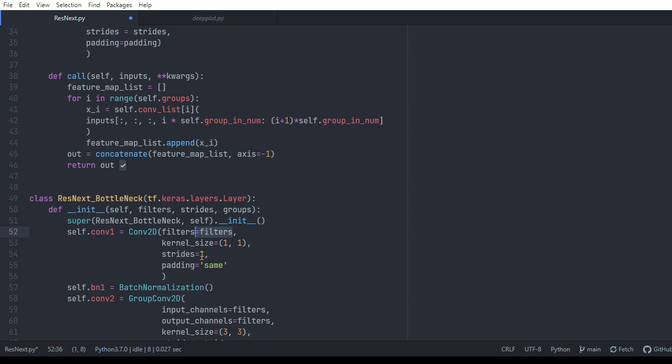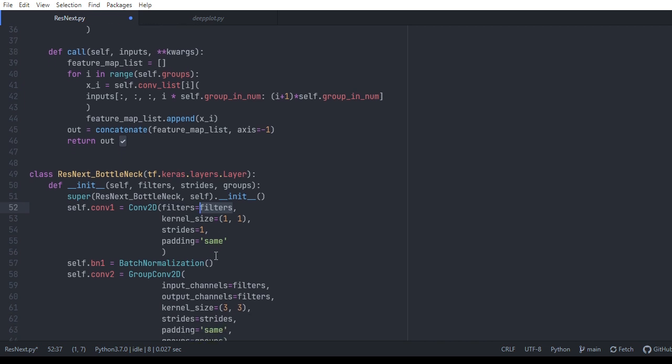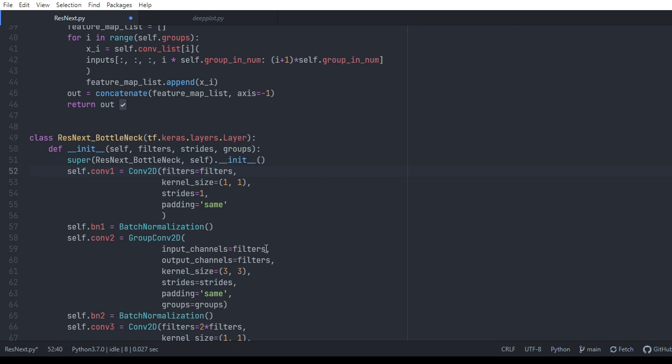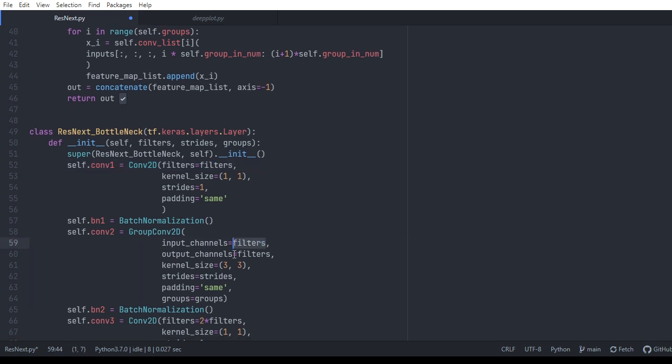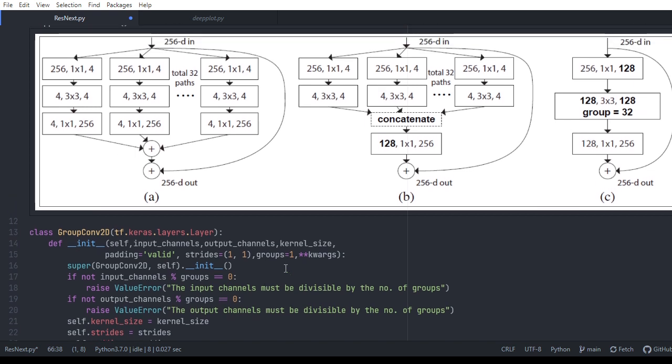But now for TensorFlow, the conv2d class essentially takes the output filters. So this one will basically be 128, which is also the same as the output of the group convolution, again 128. And then we see that for the last convolution of the residual block of the ResNext architecture, we have 256, which is 128 times 2. So we see the output here is 256.